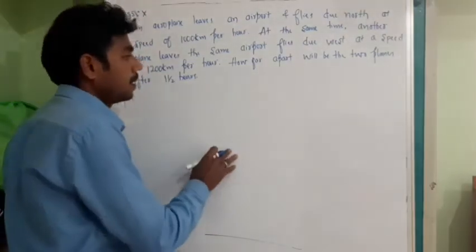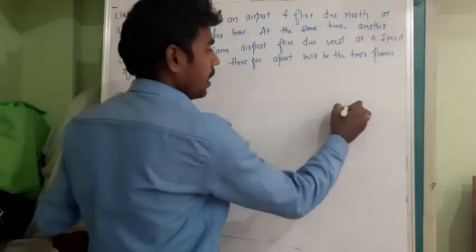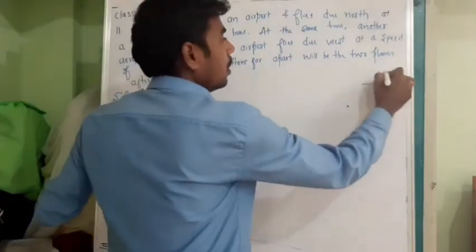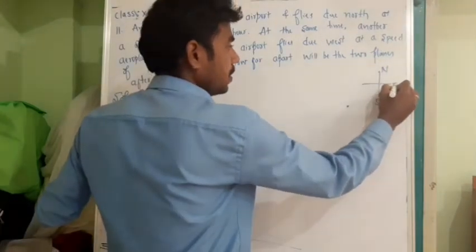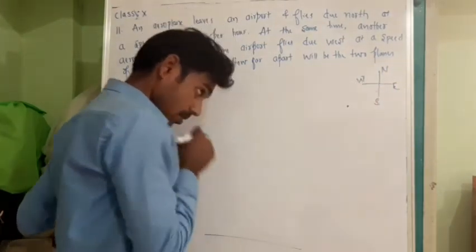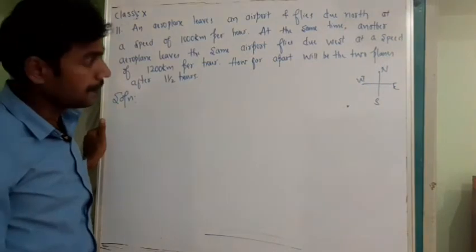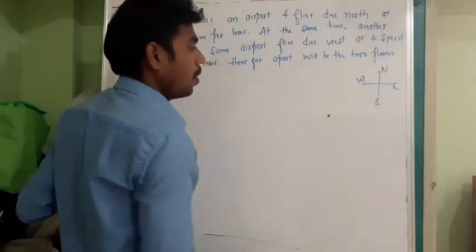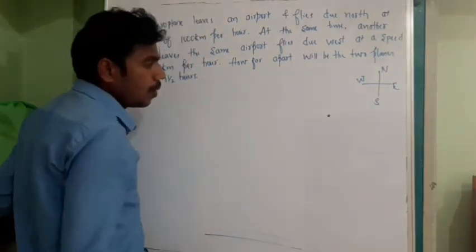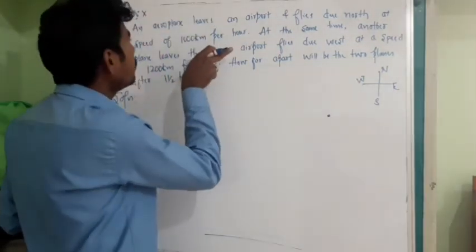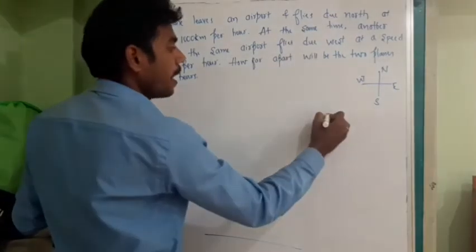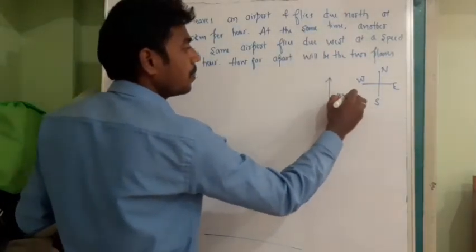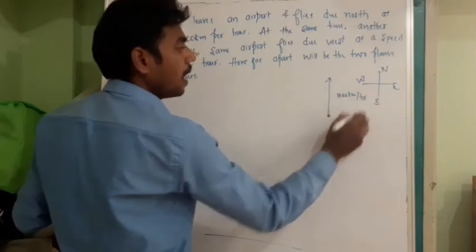See, it is given. There is an airport. So you know north, south, east, west. These are the basic directions that we have. There are two planes. If this is the airport, one plane will fly towards north at a speed of 1000 km per hour.